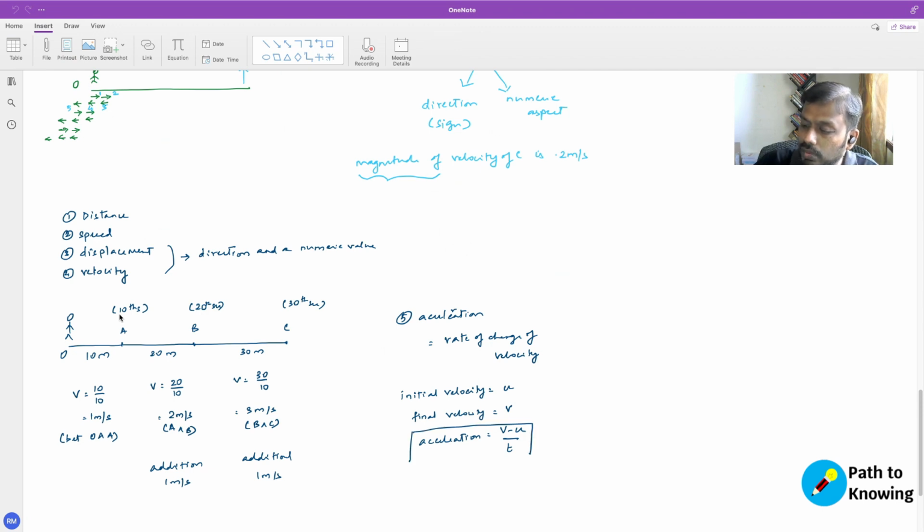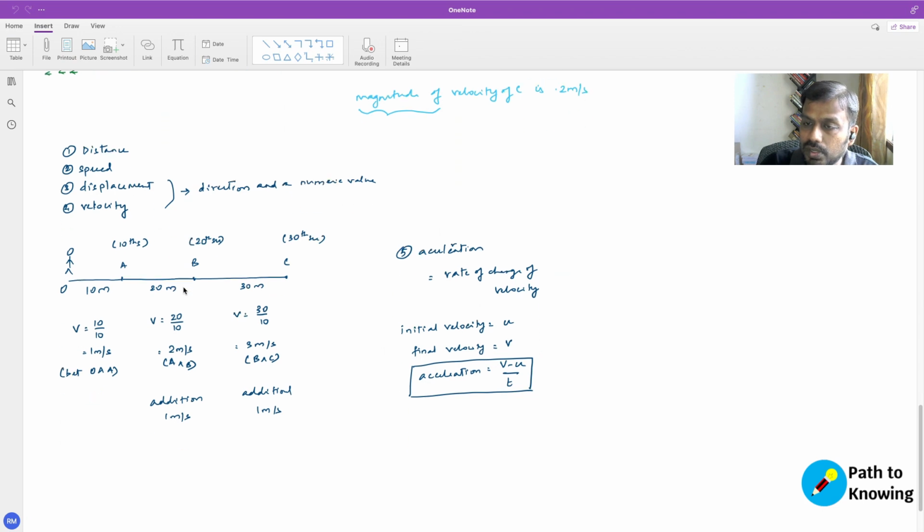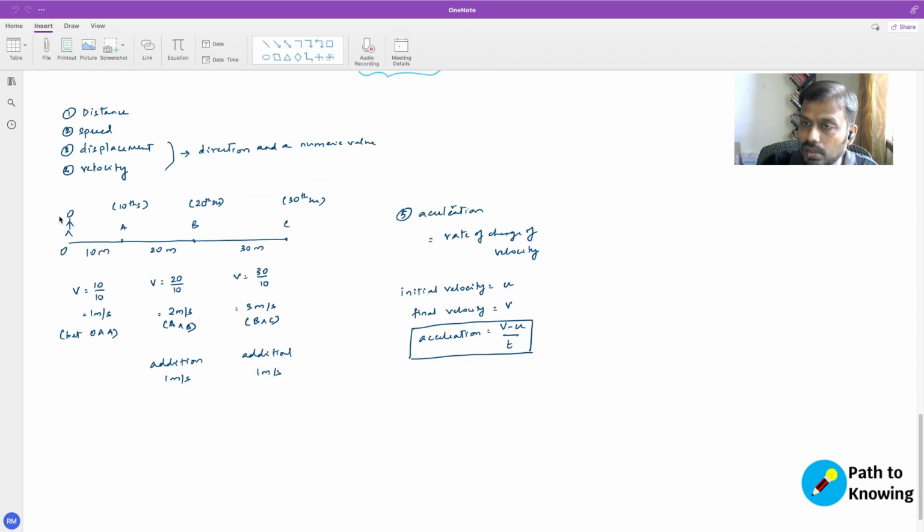Now if you take this specific example, let's take the acceleration between B and C. Here your u is 2 meters per second, because the velocity at point B was 2 meters per second.